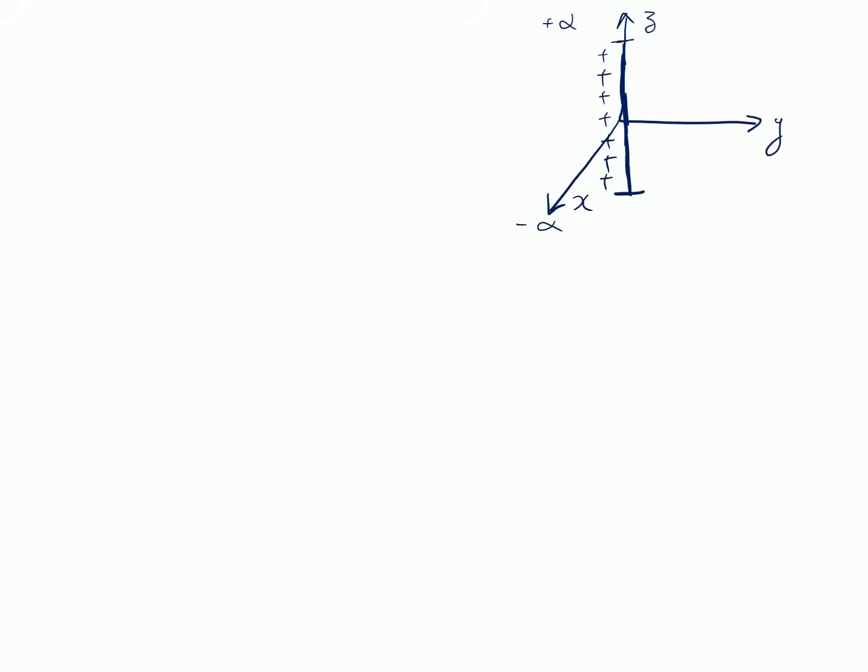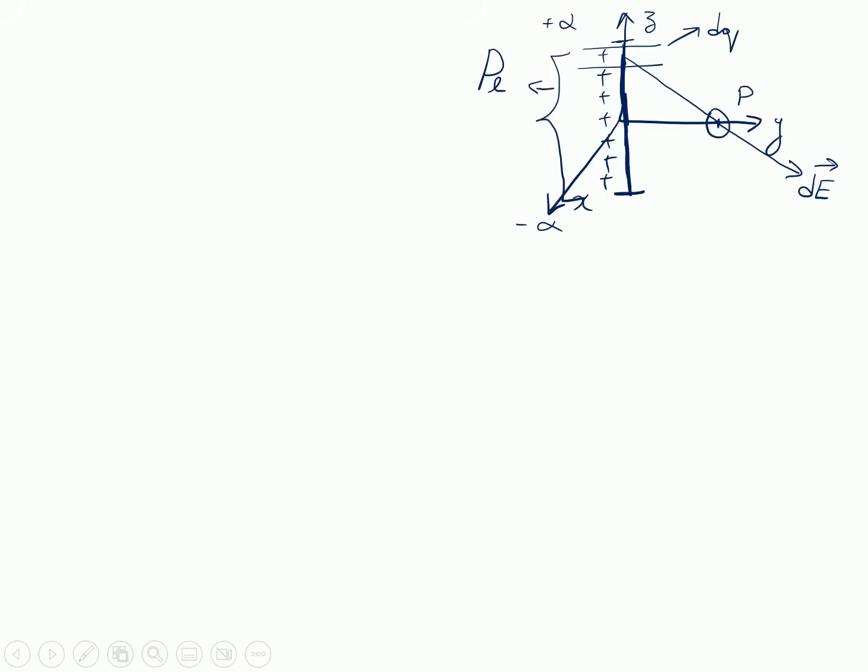We select one of the charges from this line and call it dq, and we want to see the effect it has on a point, let's call this P. The combination of these charges is represented by a symbol known as line charge density rho L, and we want to see the effect this charge has on this point P, which in turn is translated as the differential electric field because we are selecting a small charge dq.